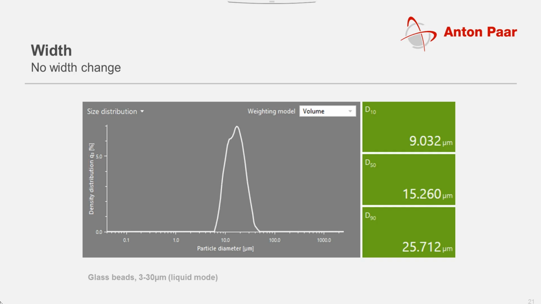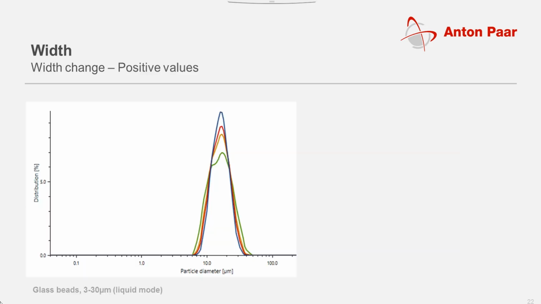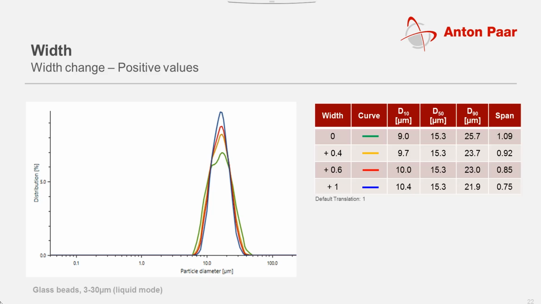First example you see is glass beads with size range between 3-30 micrometer. It was measured in liquid mode and the width was not changed. The measured D10 was 9 micrometer, the D50 15.3, and the D90 was 26. The same sample was measured at different positive width values without changing the translation, which is always 1, default value.